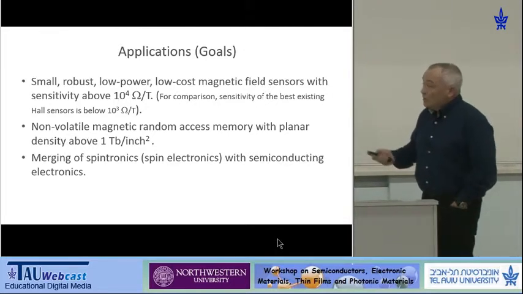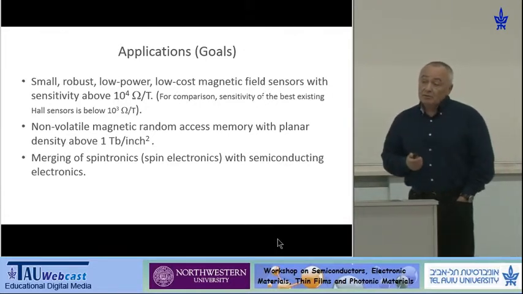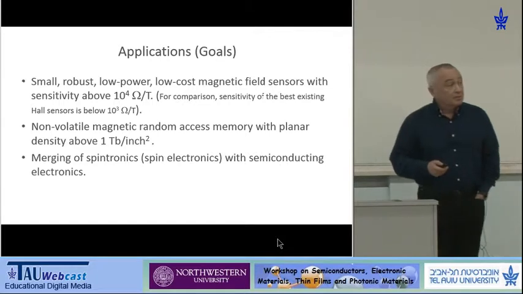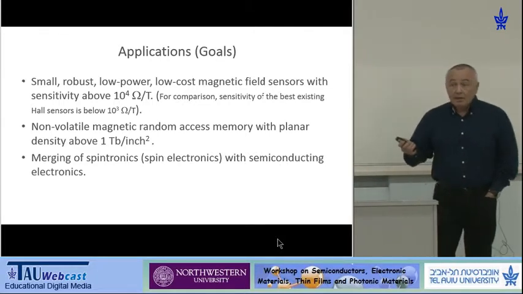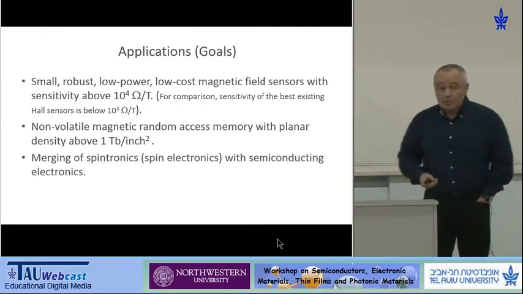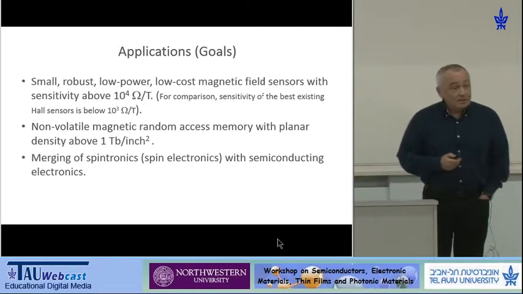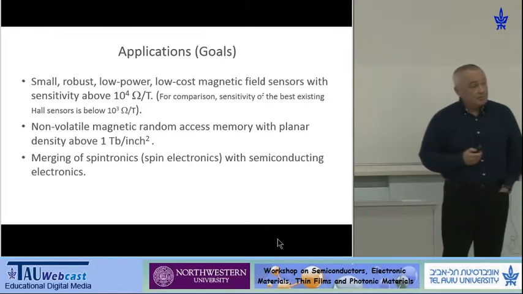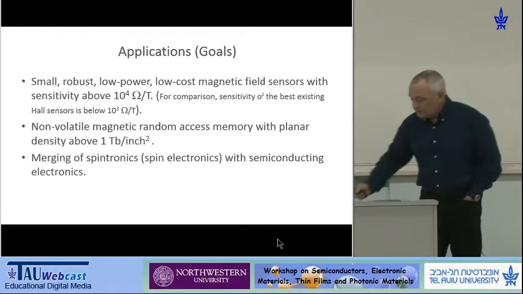We can talk about generation of non-volatile magnetic memory that works on the extraordinary Hall effect, and there is also a very interesting subject that you started to talk about, and this is the merging of spintronics with semiconductors.